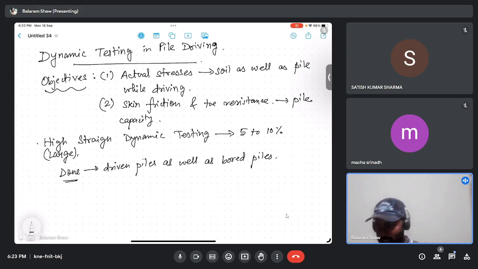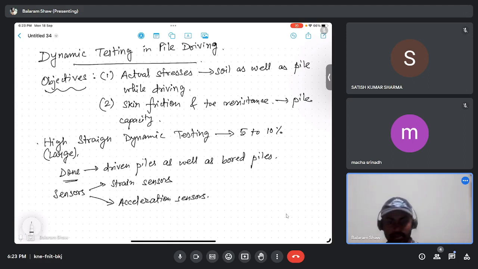In this test, whatever dynamic testing will be there, we have some sensors called strain sensors and acceleration sensors, or we call it accelerometer also.